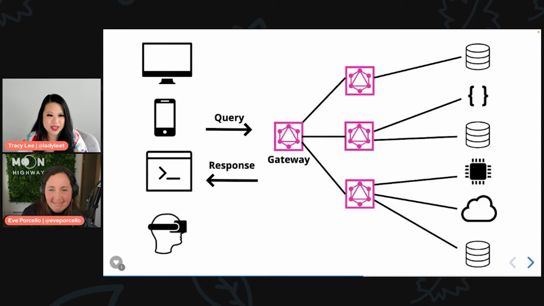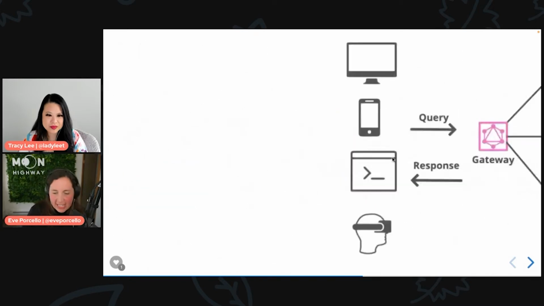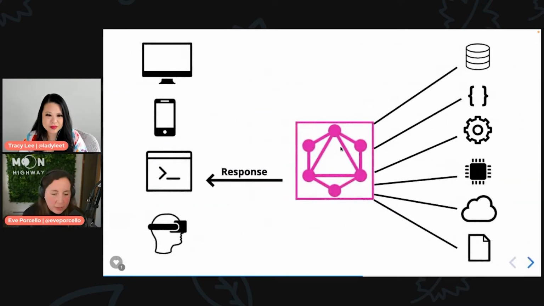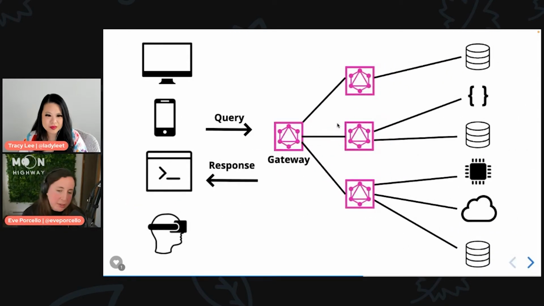Basically we want to look at how we go from this to this. In other words, how do we go from a single GraphQL API into one where we're creating different microservices for different parts of our domain and orchestrating everything behind the gateway.